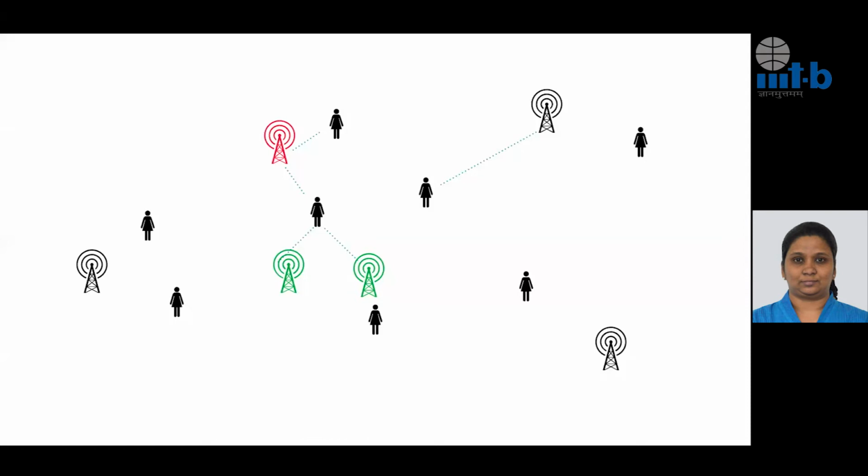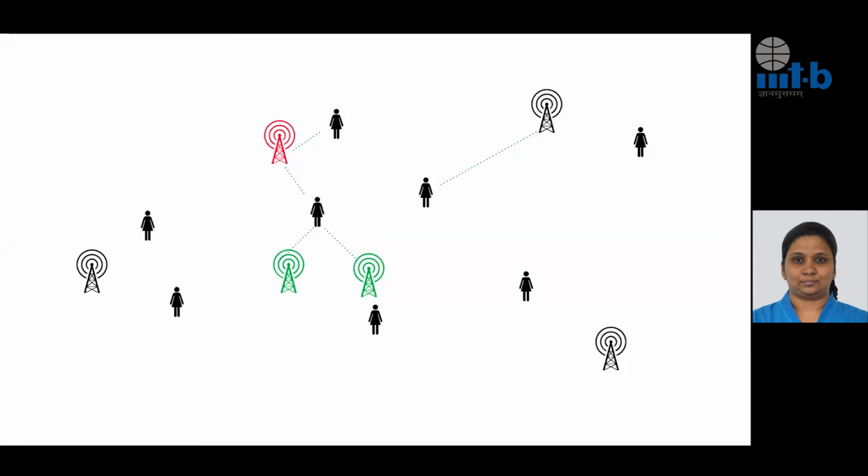So the problem is, given this arrangement of base stations and clients, for every client there should be one base station in the range such that that base station is transmitting signals at a frequency which is not repeated among the other base stations in the range.